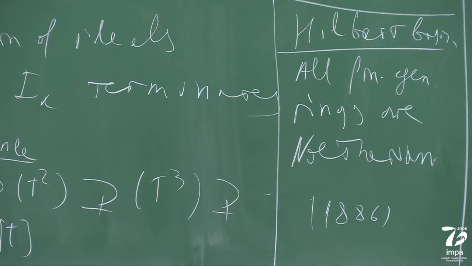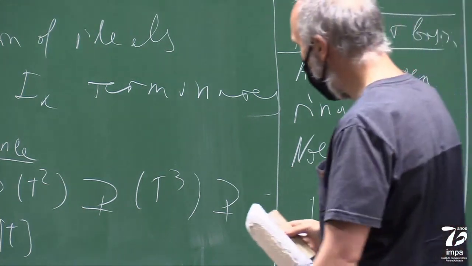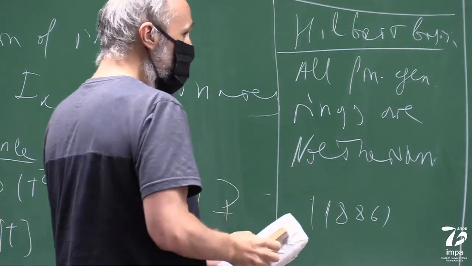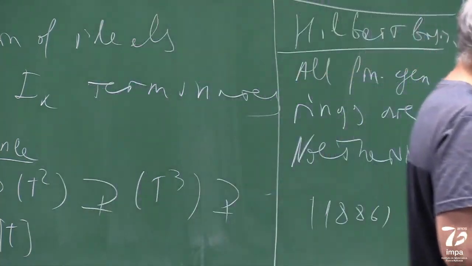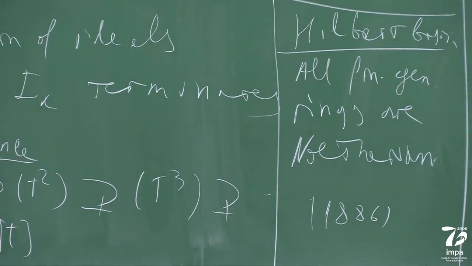But Hilbert did it only for polynomial rings and not for more general rings, and he never realized that this condition makes sense in itself. Okay, I will use this condition to show that irreducible decomposition exists.